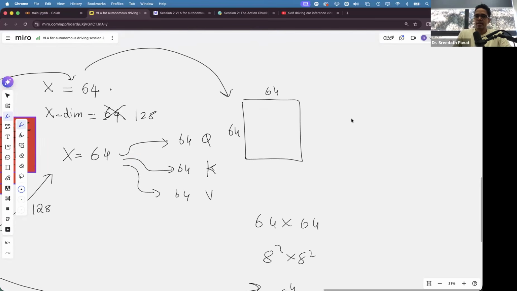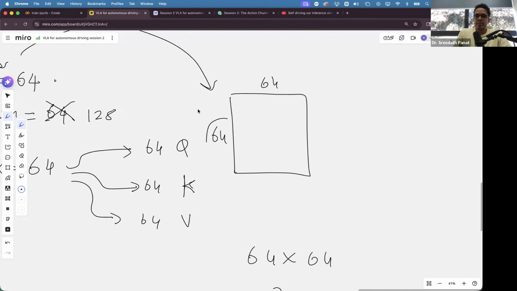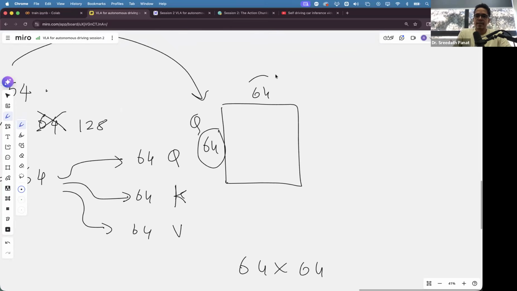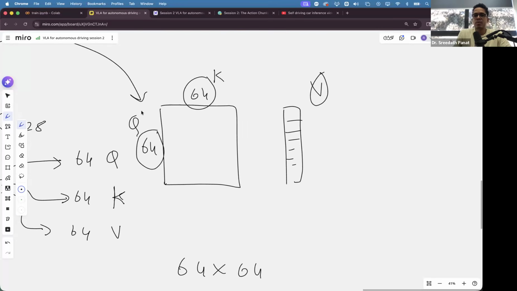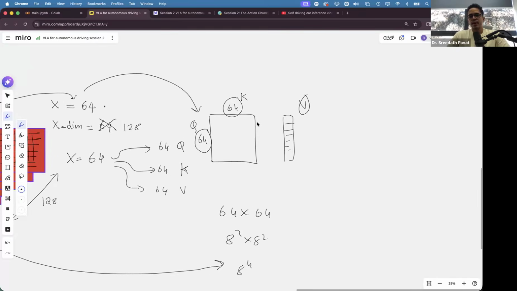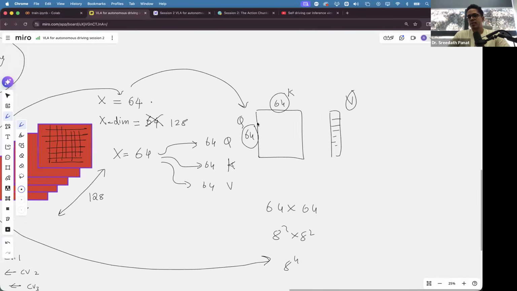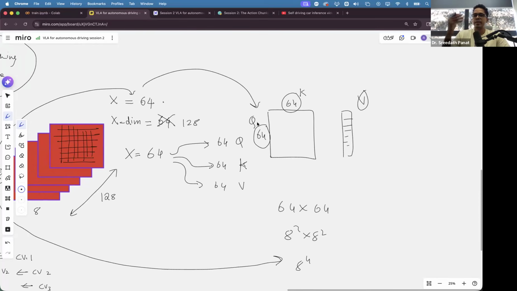Now my question is, where are these queries coming from? And where are these keys coming from? And if you have 64 values, where are they coming from? Where is the origin of your query, origin of your key, and origin of your value? It all comes from the image tokens, correct? Because here you are paying self-attention to image, right?